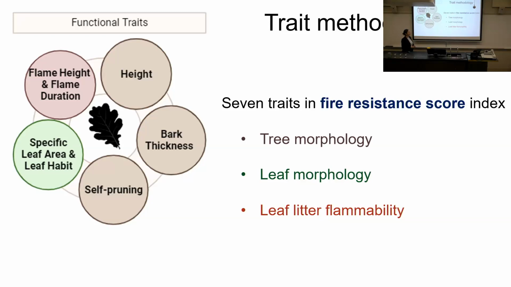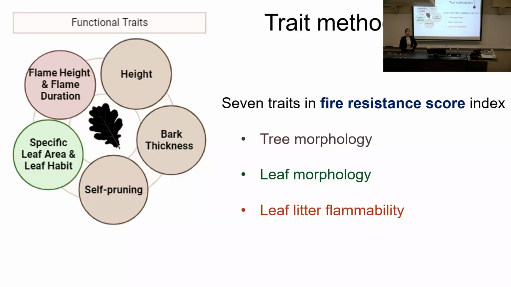So 3 relating to tree morphology: mature plant height, bark thickness, and self-pruning. 2 relating to leaf morphology: specific leaf area and leaf habit. And then lastly, 2 relating to flammability: flame height and flame duration.